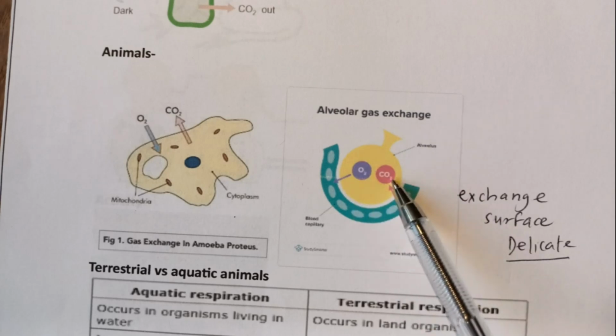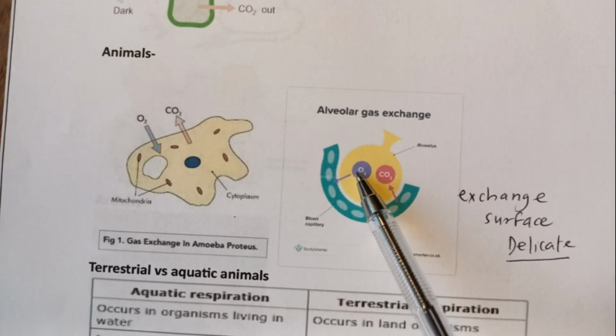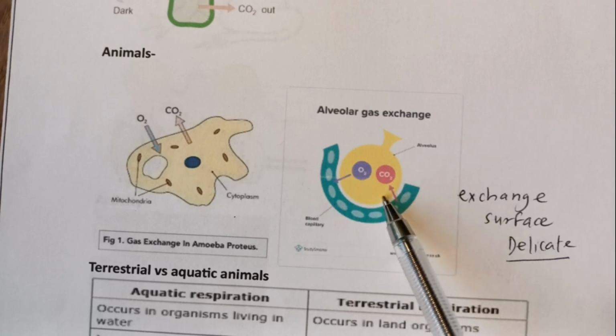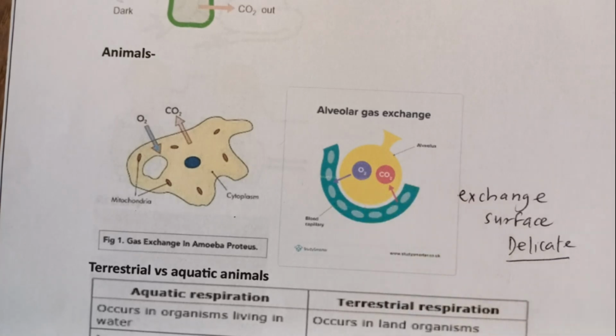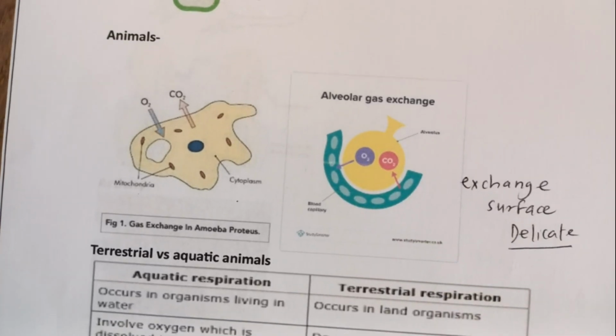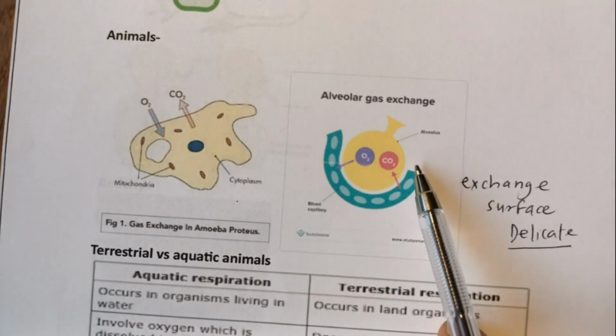So this is the alveolus and that is the blood vessel, and there will be oxygen and carbon dioxide diffusion along the concentration gradient.